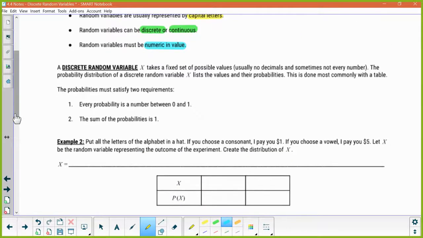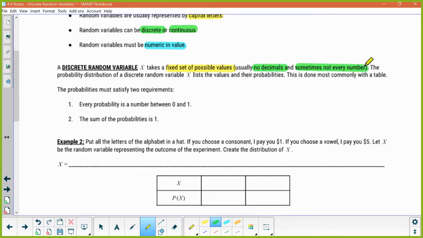Now, discrete random variables, we did talk about this briefly early on in our survey taking in unit 3 and unit 2. A discrete random variable has a fixed set of possible values, meaning we have the outcomes and we know that this is what is occurring. And typically, there's no decimals, and sometimes it does not include every number.